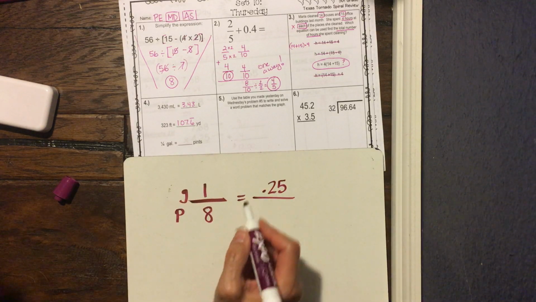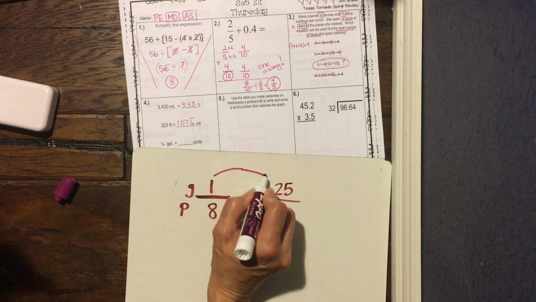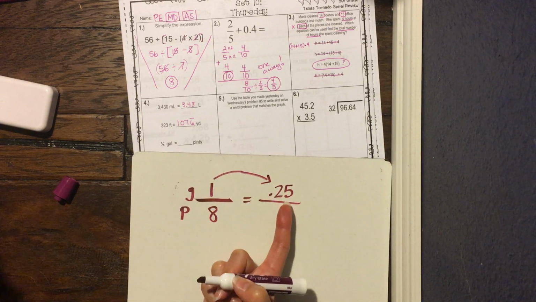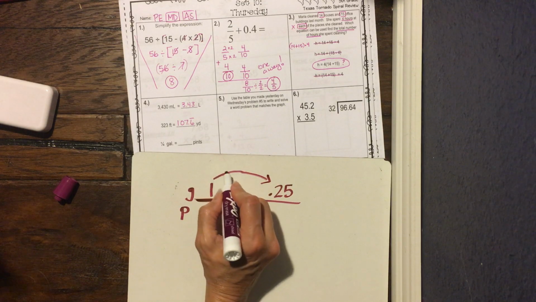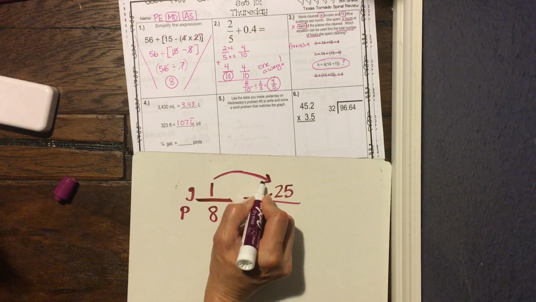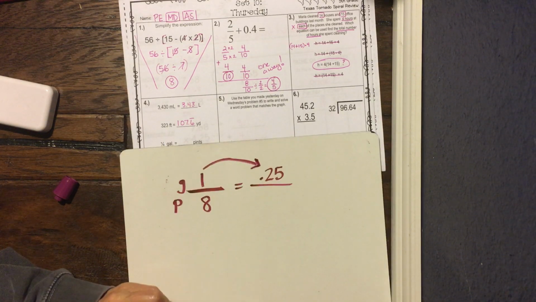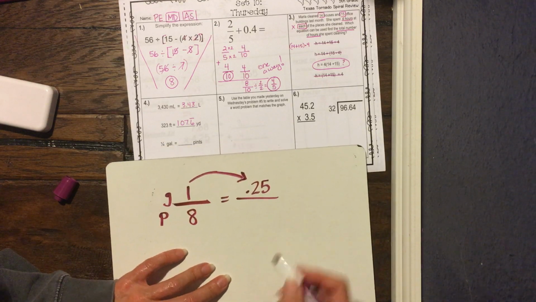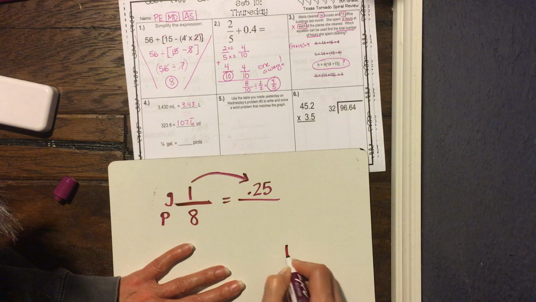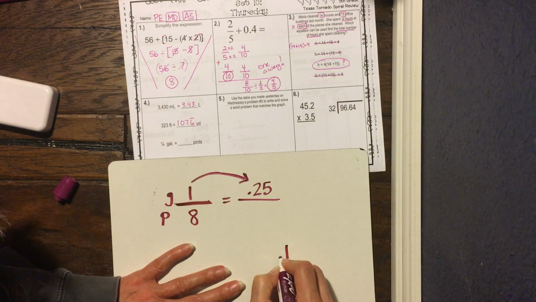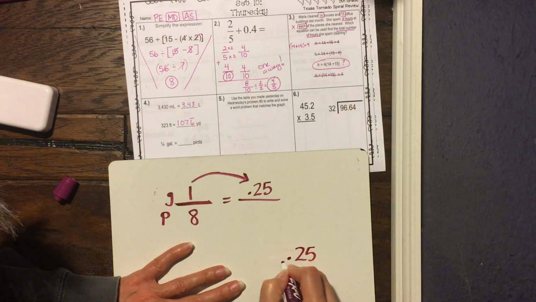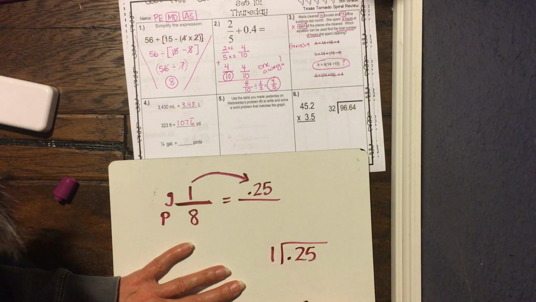Well, how do we get from 1 whole to 0.25? Well, 0.25 is less than a dollar, so we didn't multiply. We actually had to divide. Okay, so we're going to have to divide this, which again, this makes this very interesting. So we've got 0.25, sorry. We've got 0.25 divided by 1.